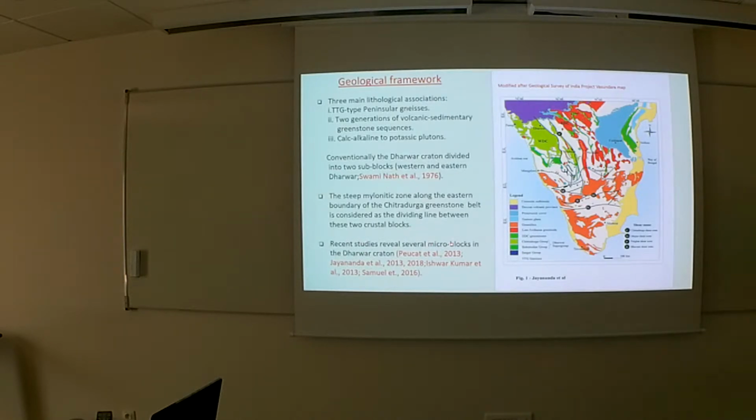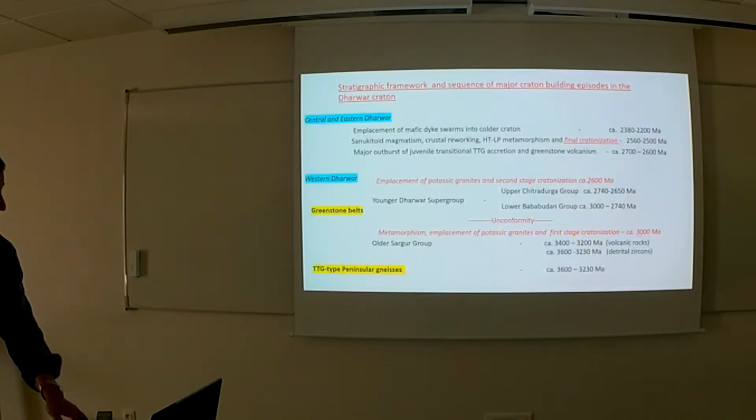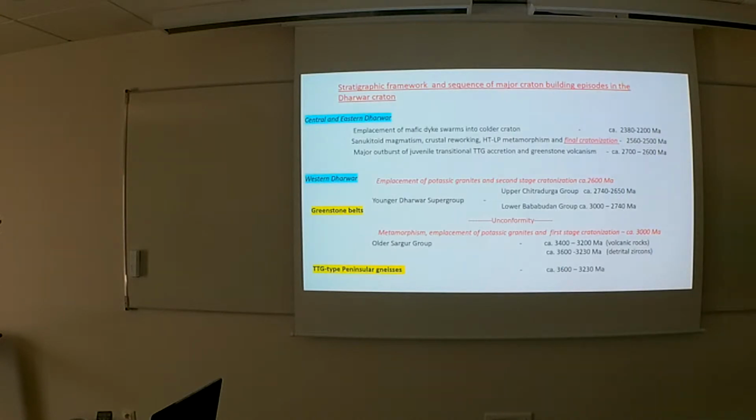So, as you can see, in the last 5-6 years there is a lot of new work that indicates several microblocks. I will show in the coming slides what these microblocks are. And before that, I would like to make a small summary of the stratigraphic framework of the Dharwar craton.